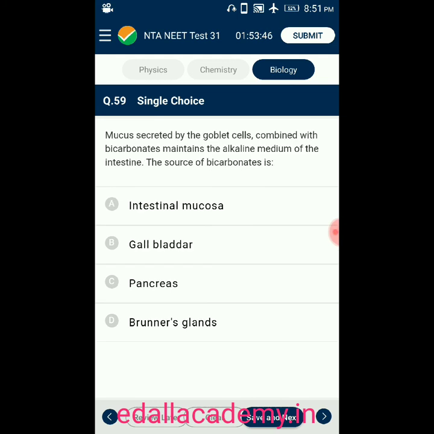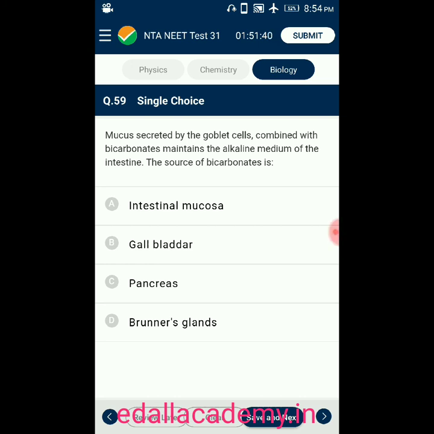Question number 59. Mucus secreted by the goblet cells combined with bicarbonate maintains the alkaline medium of the intestine. The intestinal mucosal epithelium has goblet cells which secrete mucus. The secretions of brush border cells of the mucosa along with the secretions of the goblet cells constitute the intestinal juice or succus entericus.